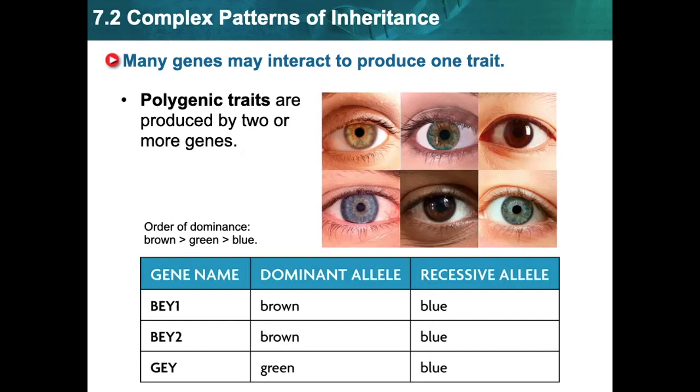And most of the time, people who have brown eyes can carry the gene for blue eyes to their children, though they wouldn't have blue eyes themselves. You can either have homozygous genes, where you have 2 genes for brown eyes and only give brown eyes to your children. But because we have 3 genes that contribute to eye color, it gets more complicated than that. For most cases, people who have brown eyes will either have brown eyes or green or blue recessive and give those traits to their children.